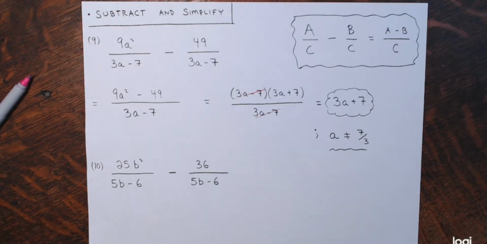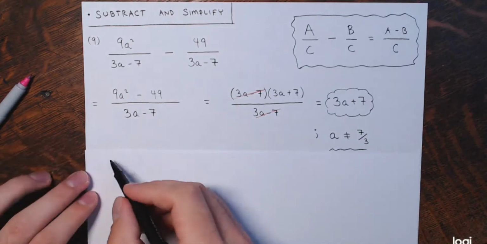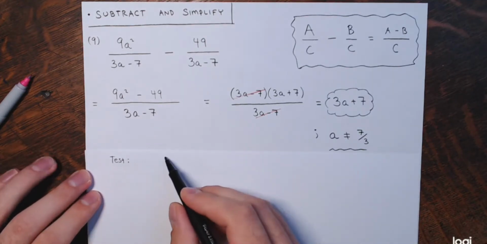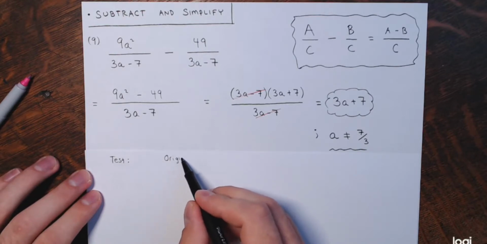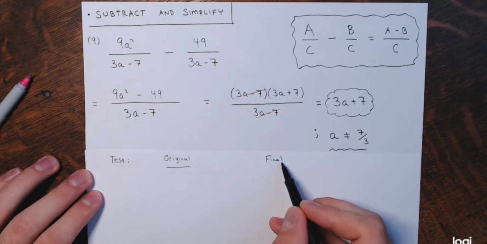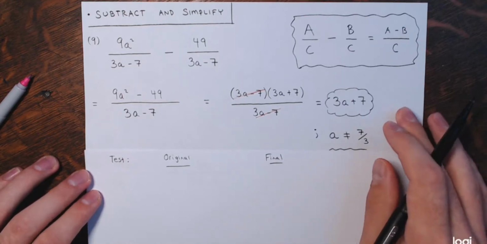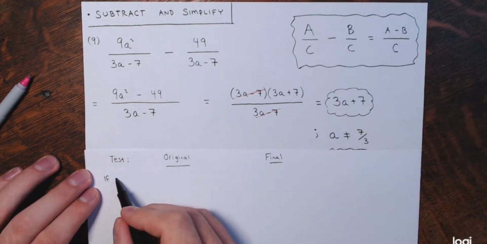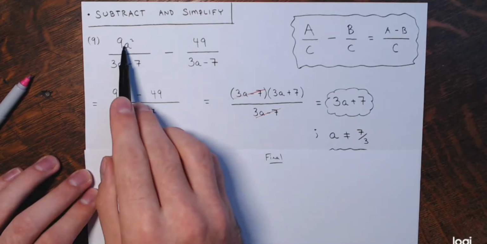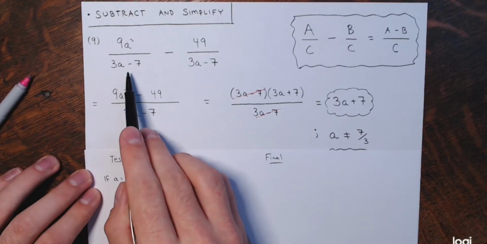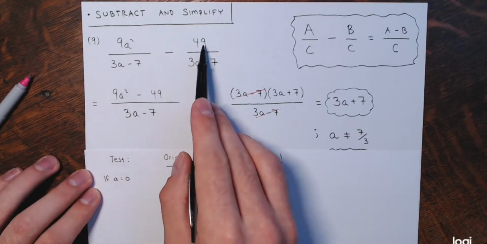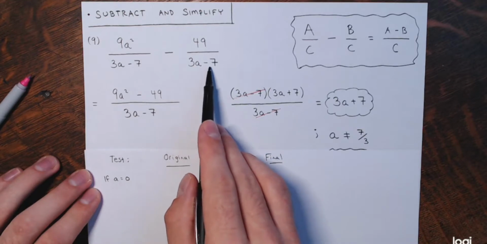Alright. So let's test this. And I got the value of the original difference, the value of the final expression, 3a plus 7. Now how about if a were 0? Well, this would be 0. 0 divided by negative 7 would be 0, minus 49 divided by negative 7.